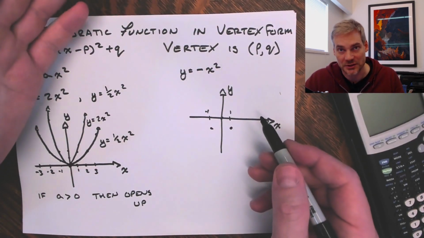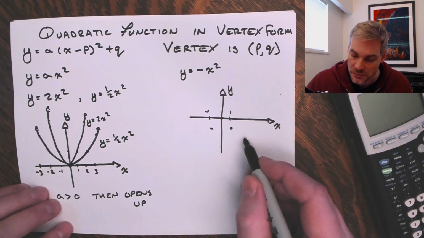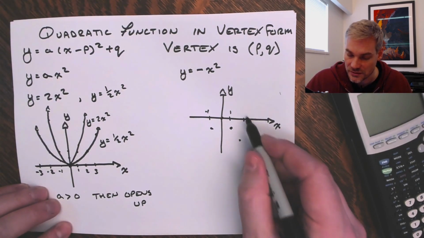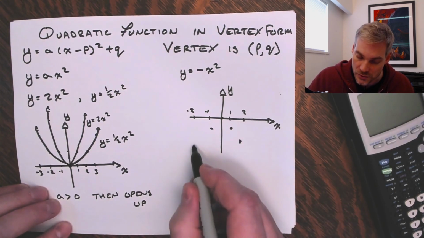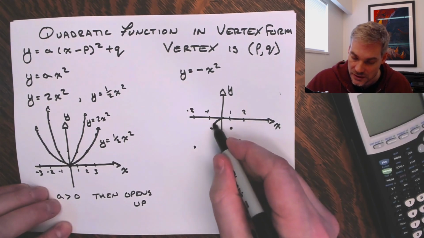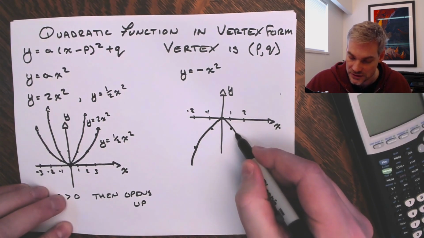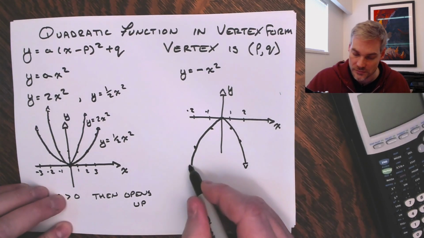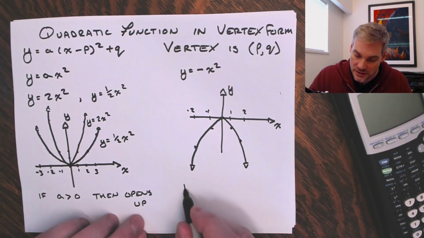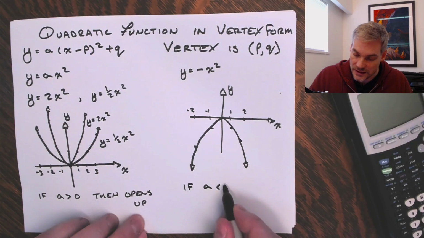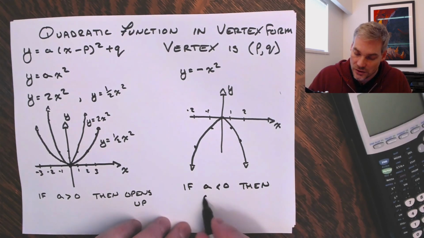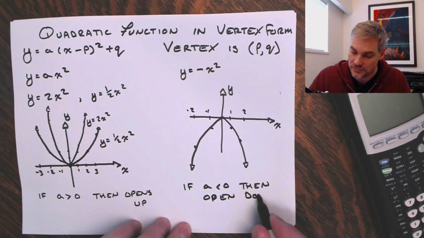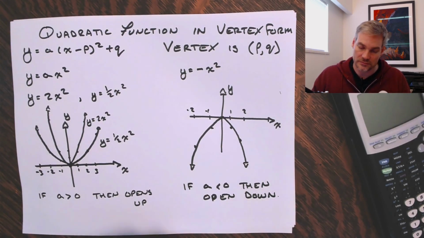I know I'm just throwing these numbers out, and it probably sounds insane, but we're just trying to observe what's happening rather than worrying about the actual arithmetic. So we find that it opens downwards like this. So if a is less than 0, then it opens down. And that's good.